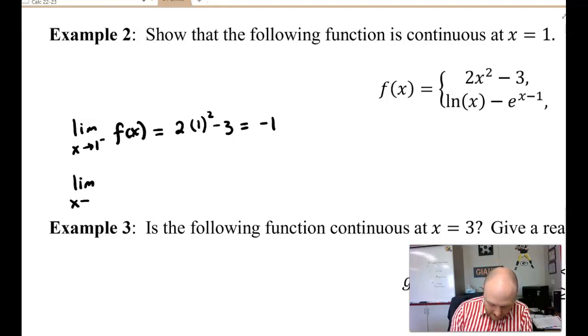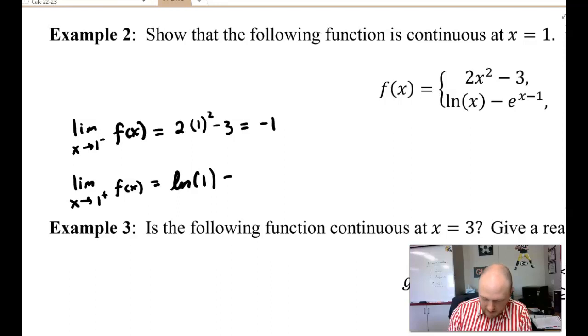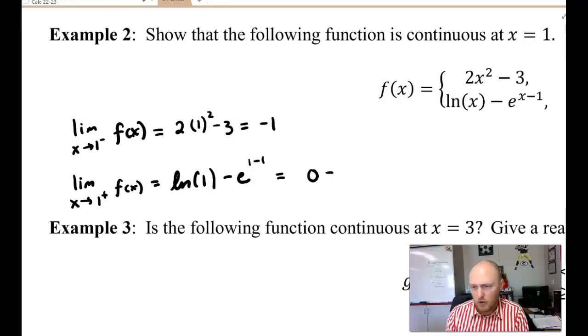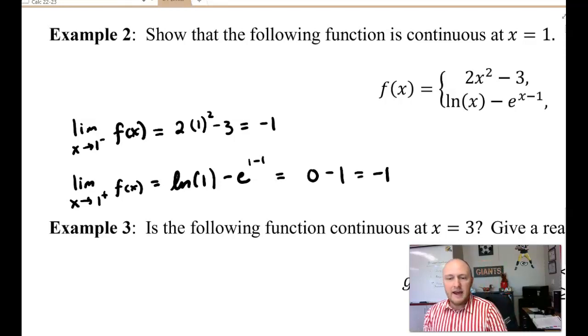Well, the limit as x approaches 1 from the right of f of x is equal to the natural log of 1 minus e to the power of 1 minus 1. Now, the natural log of 1 is 0. e to the power of 1 minus 1 is e to the 0, which is just 1. This equals negative 1. Hey, what do you know? The limit from the left is equal to the limit from the right. Yes!